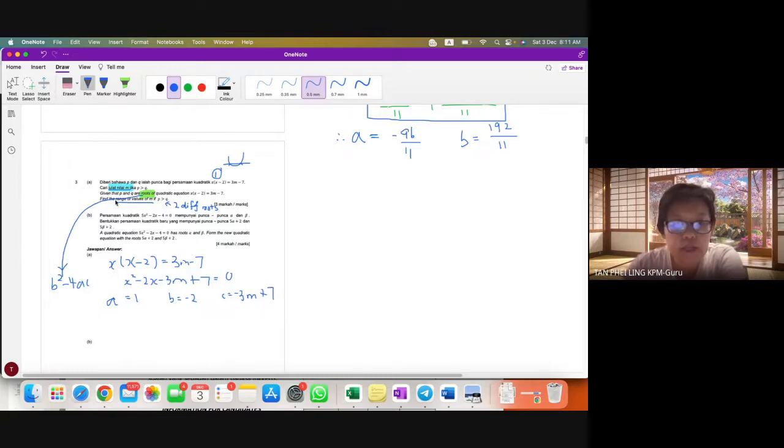So I know that there are two different roots, so I will put B squared minus 4AC. Okay, what am I going to put here is that it will be bigger than 0. Now when do I put bigger than or equal to? When do I put bigger than 0?